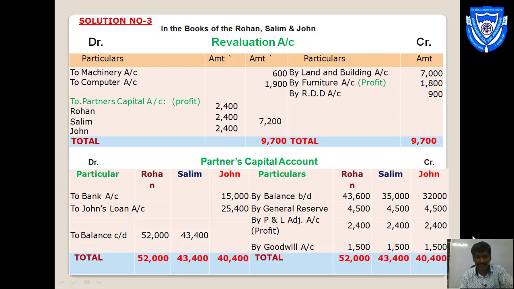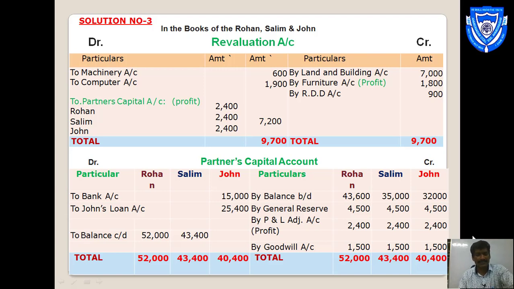So let us find out the balances of the capital accounts along with the balance of John. First we will see what is the remaining balance of John after making him payment of rupees 15,000. So first make a total of the credit side of John's capital, that is 40,400.